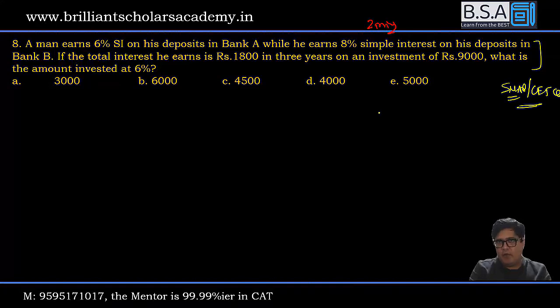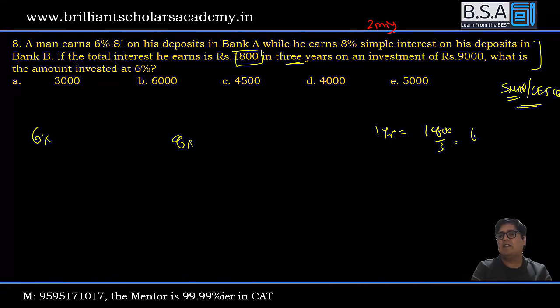So let us observe a few things. One of the banks is offering 6% interest. Another bank is offering 8% interest. But when he invests, he earns how much? He earns 1800 rupees in 3 years. So in 1 year, how much will he earn? 1800 divided by 3, 600.